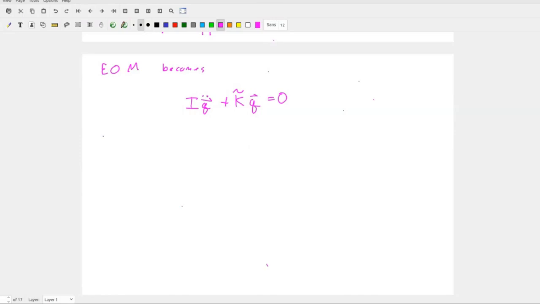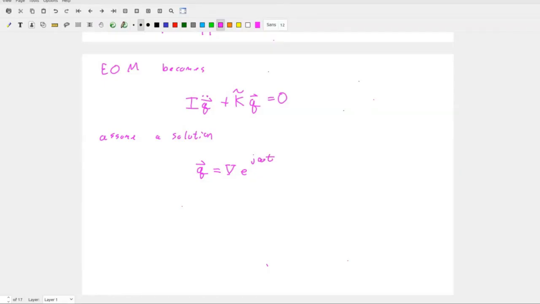We're going to assume a solution. Brings us back to our good friend Euler. We're just going to say, I bet I can get q vector equal to my eigenvectors, V, e to the j omega t.